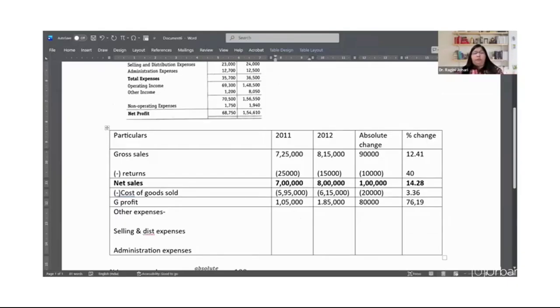Since these also need to be subtracted, I will write here only that these also need to be subtracted.